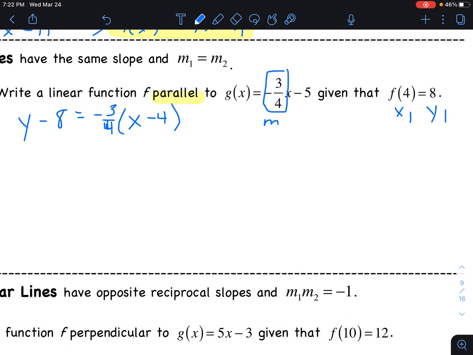And now I'm going to convert this over to slope-intercept form. I'm going to distribute the negative 3/4, which gives negative 3/4 x plus 3, and then add 8 to get y by itself.